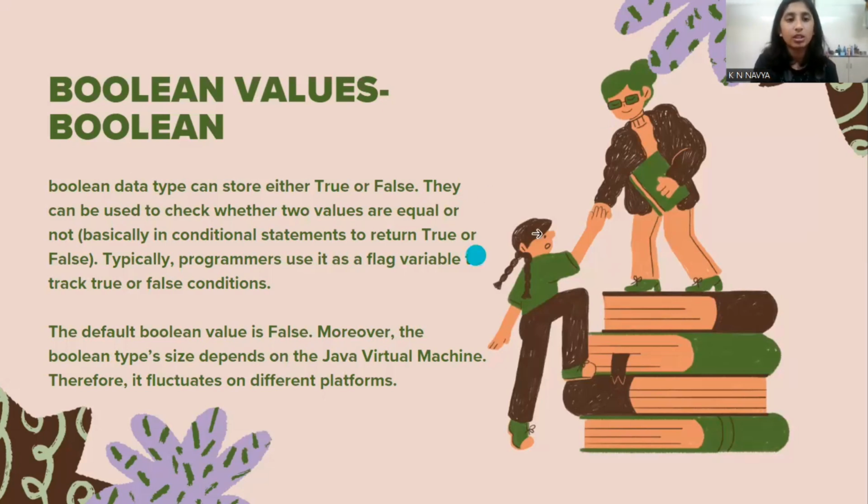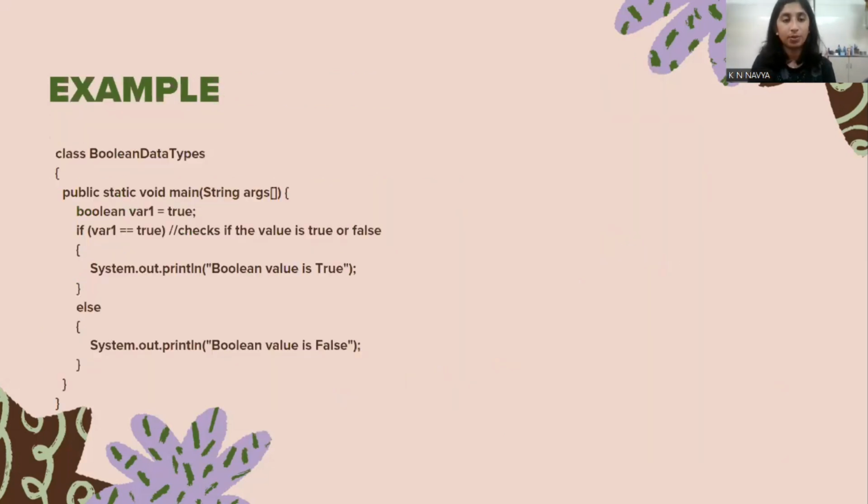The default Boolean value is false. And moreover, the Boolean data type size depends on the Java virtual machine, which means that it fluctuates depending on the different platforms. Let's see an example of this.